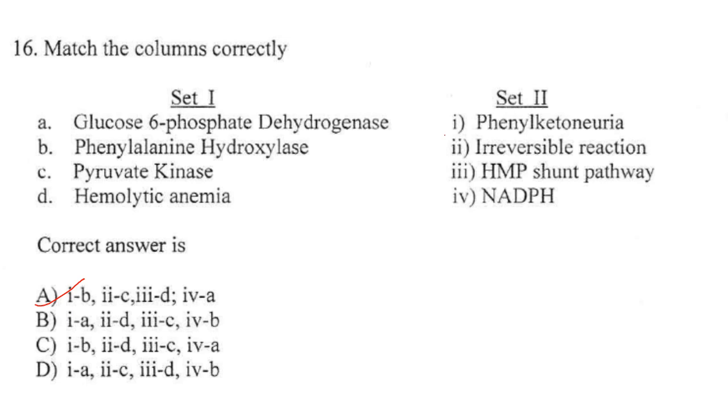Then next one. Match the columns correctly. Glucose 6-phosphate dehydrogenase, it is, okay, they have given it in the reverse way. Phenylketonuria is for phenylalanine hydroxylase.